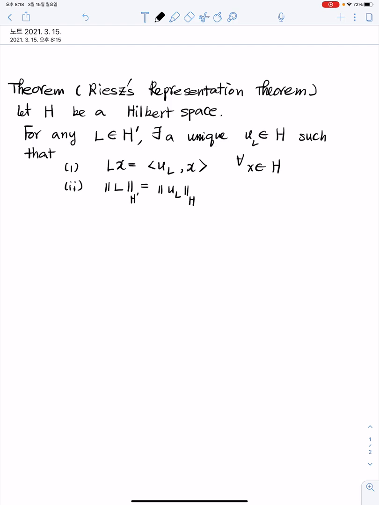From here we can also have the adjoint operators. Okay. So what is an adjoint operator?